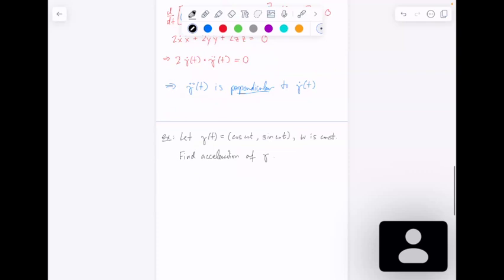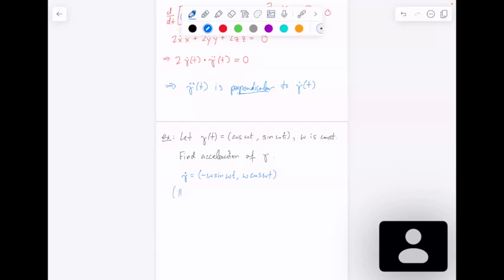Okay, so first of all, in chat, what is this curve here? What is gamma parameterizing? Right, it's a circle. If you remember your physics, you know omega represents the frequency, but we could also calculate this. Gamma prime, the velocity, is minus omega sine omega t, and then omega cos omega t.